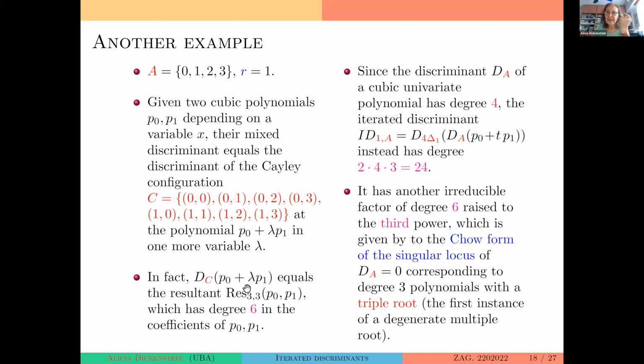So the difference is 18, and this 18 comes from a factor of degree 6 raised to the 3rd power. And this factor is given by the Chow form of the singular locus, and the singular locus of the discriminant corresponds to degree 3 polynomials with a triple root. This is the first instance of a degenerate multiple root.